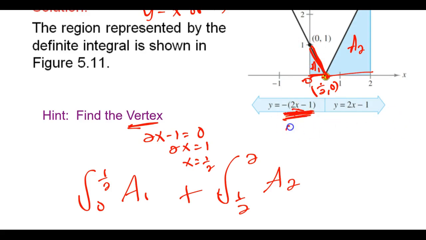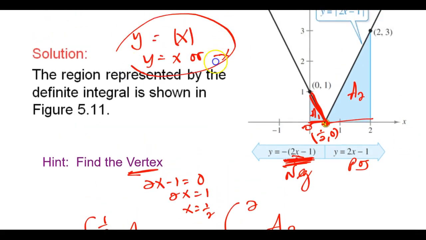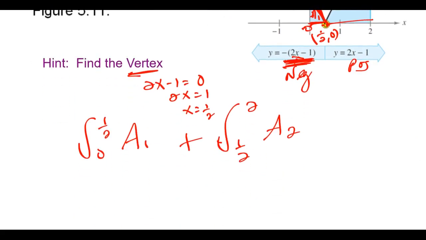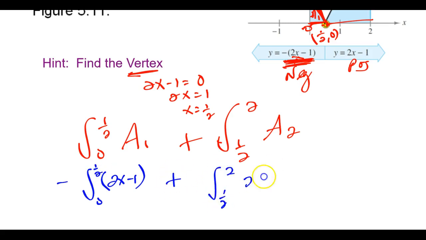So there's the negative part of that, and here's the positive part of that, back to this definition, why that works. And so I'll integrate, I'll just pop out the negative. 2x minus 1, and then go from 0 to 1/2. And then I'll add from the 1/2 to the 2, the 2x minus 1.